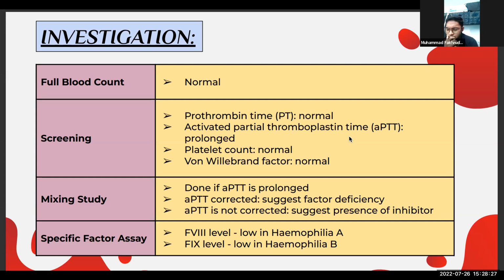Next, we also can do specific factor assay. The first one is we need to do factor 8 level. It is low in hemophilia A, and we need to also do factor 9 level, and it is low in hemophilia B patients. Okay, next slide.